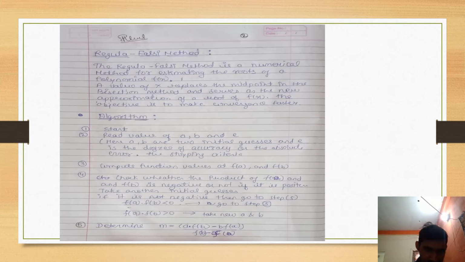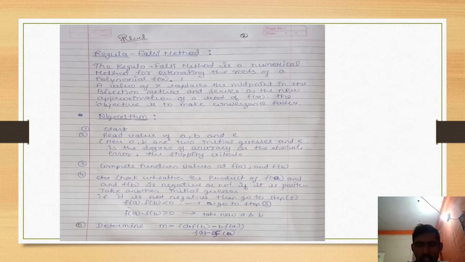Algorithm. As you see on the screen, the algorithm first starts, and then we have to take two values a and b, and e is the error: how much error we can consider in the value of the root.